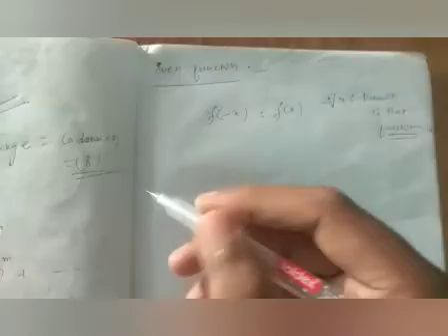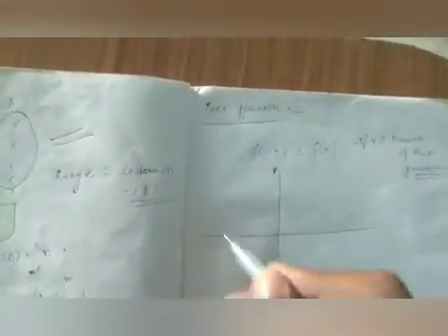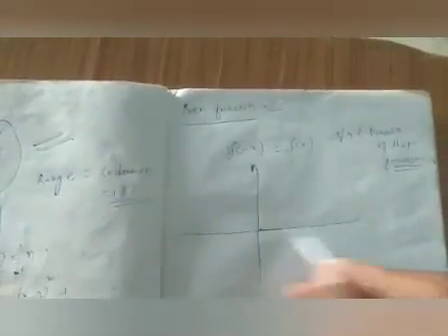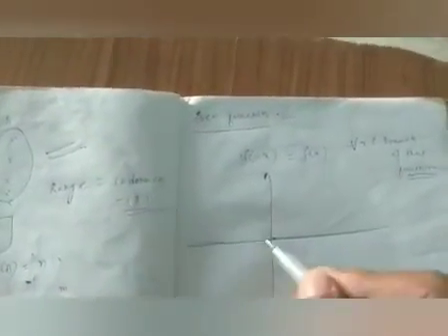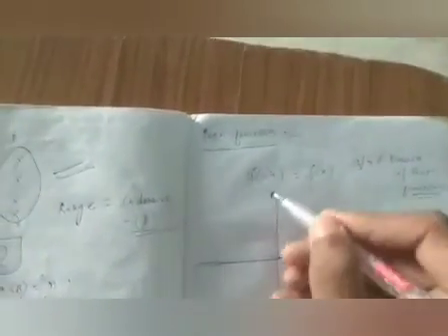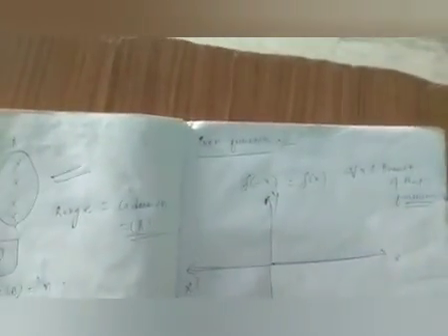If f of x equals f of minus x, and we draw the graph, for every x and minus x we will have the same images, the same output. So definitely the function should be symmetric about the y-axis, right?